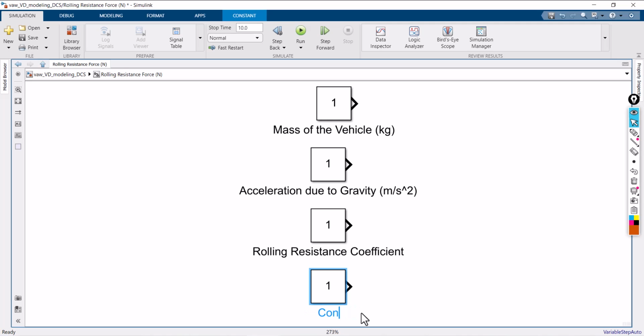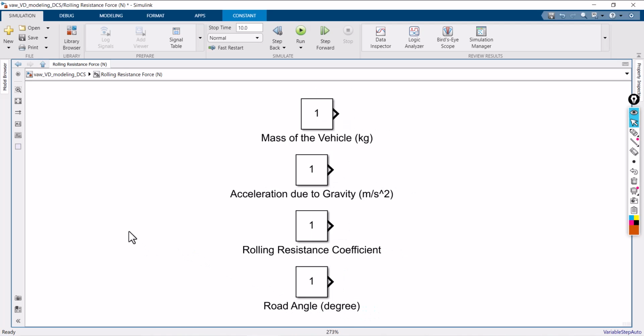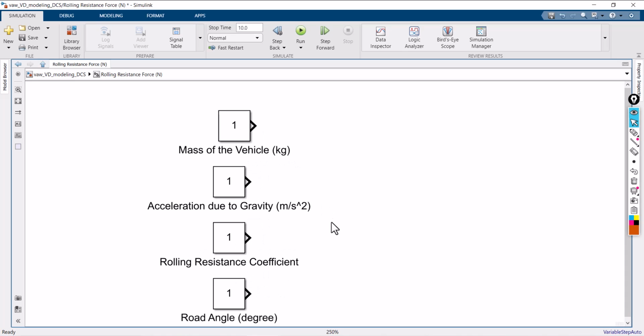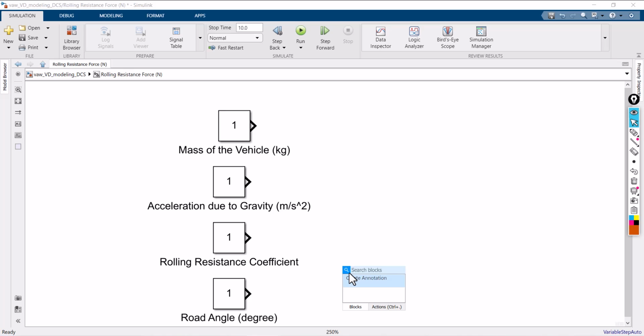And the last one is the road angle. That's actually in degrees. You have to convert this road angle into radians. For conversion from degrees to radians in Matlab, an inbuilt block is available.